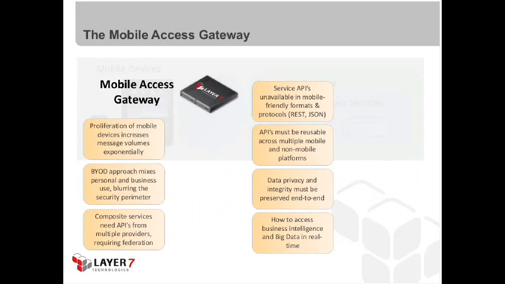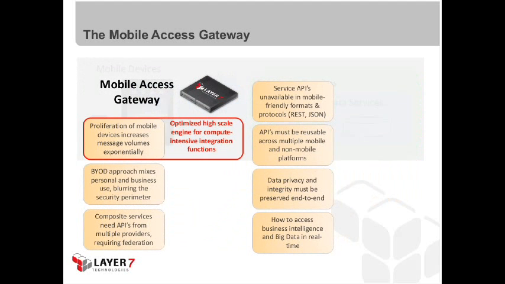As I said before, the proliferation of mobile devices, bringing those volumes up much higher, means that your back-end systems, the APIs that are the gateways into the services that your enterprise provides, are going to see volumes that they may not have experienced before. And so having this mobile access gateway component, it's optimized for this high-scale traffic.